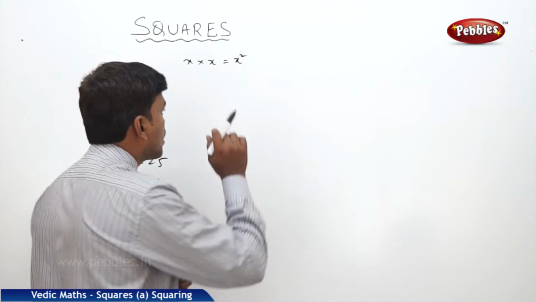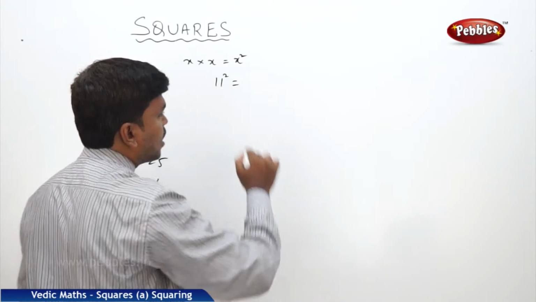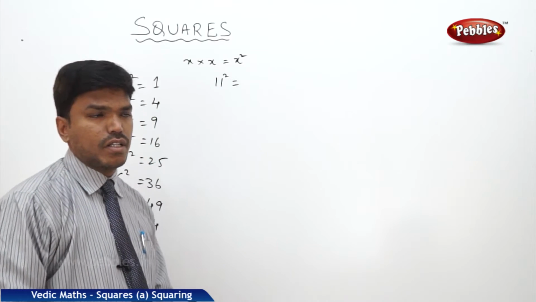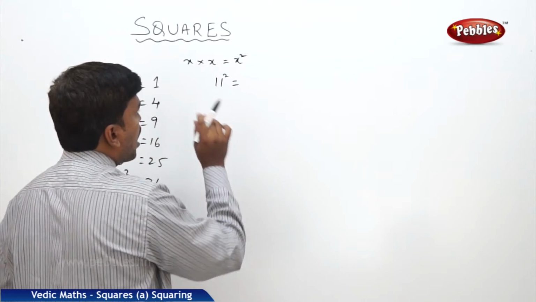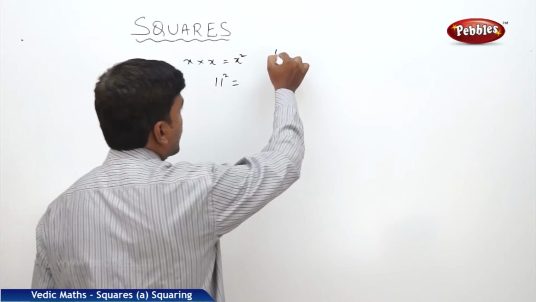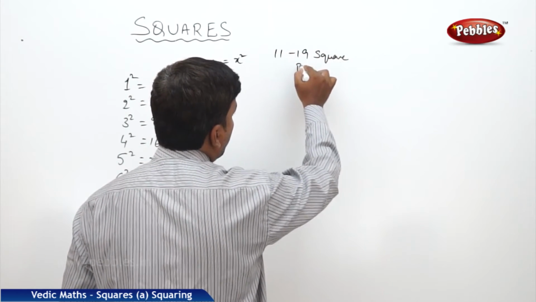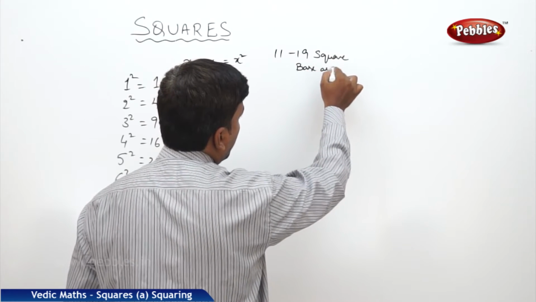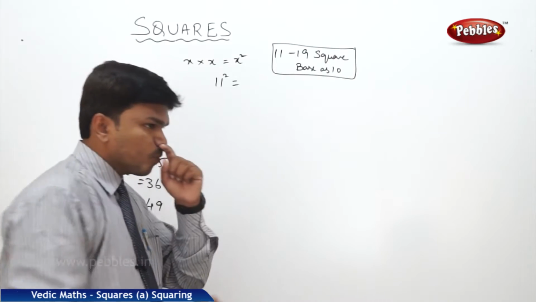See here, suppose I want to know 11 square. Now simply do one thing. Here we have to take the base as 10. From 11 to 19 squares, we are taking base as 10. You need to keep this in your mind.